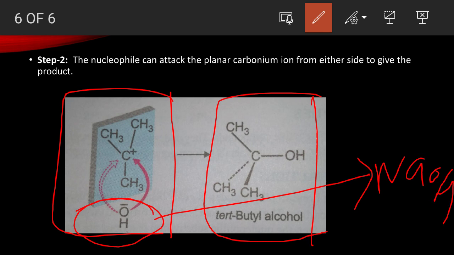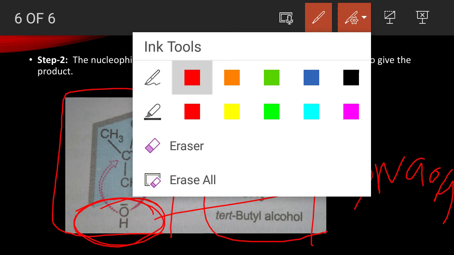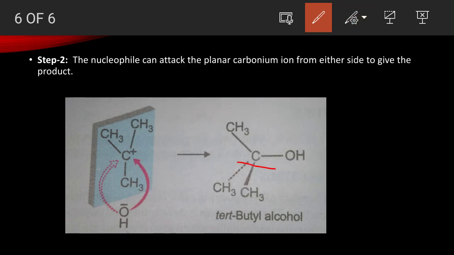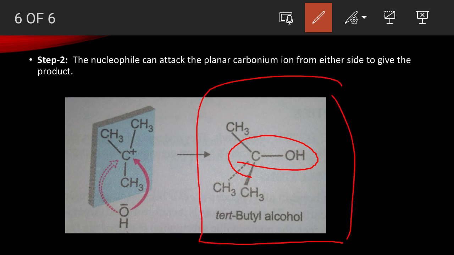This hydroxyl ion acts as a nucleophile and forms a bond between the carbonium ion and hydroxyl ion. Finally, tertiary butyl alcohol is the product of this reaction. This is about the SN1 mechanism.